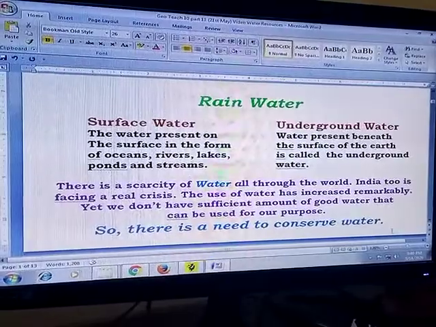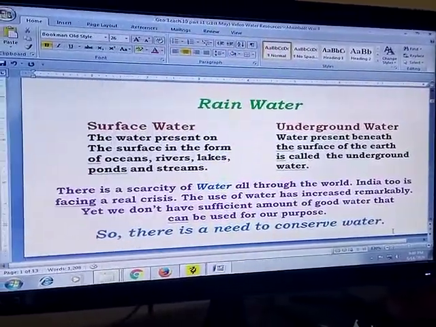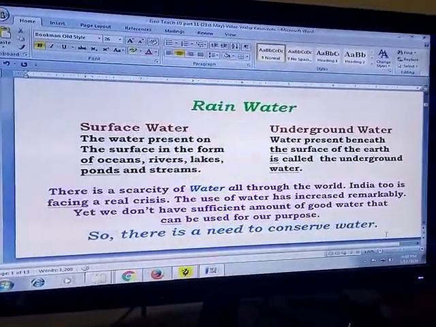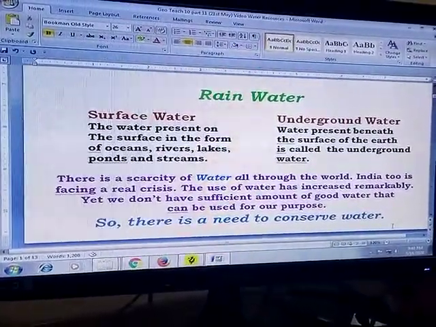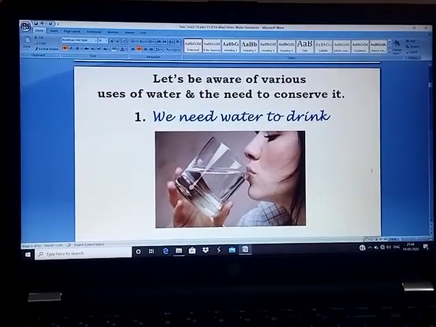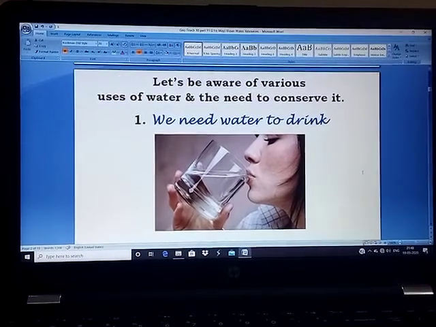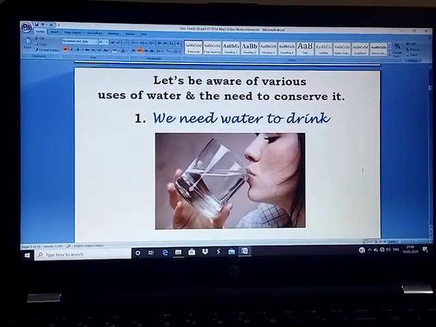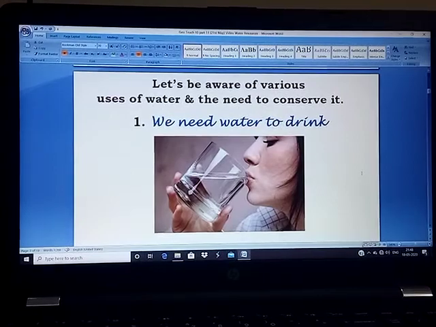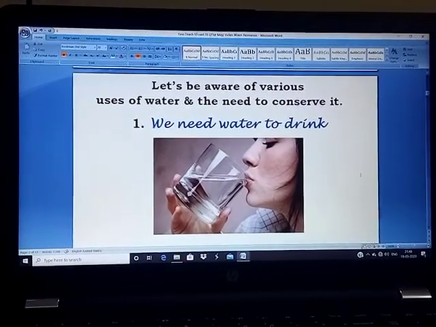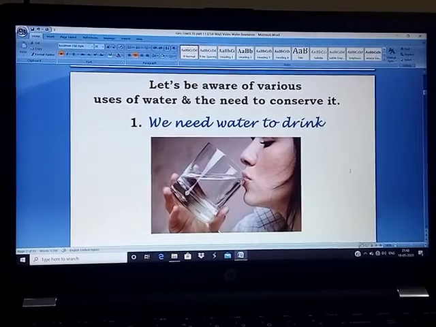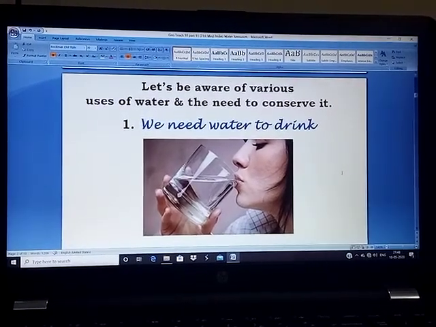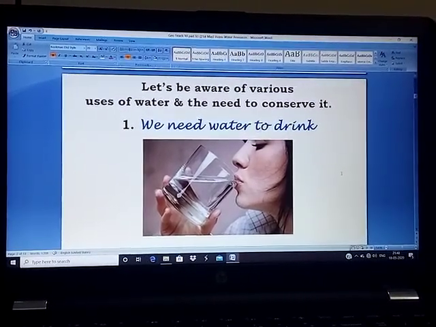It is in this context we will discuss elaborately in this chapter that there is a need to conserve water. So you should be aware why there is a scarcity of water. To know that, let us be aware of various uses of water, and thereby we will derive the concept as to the need to conserve water.